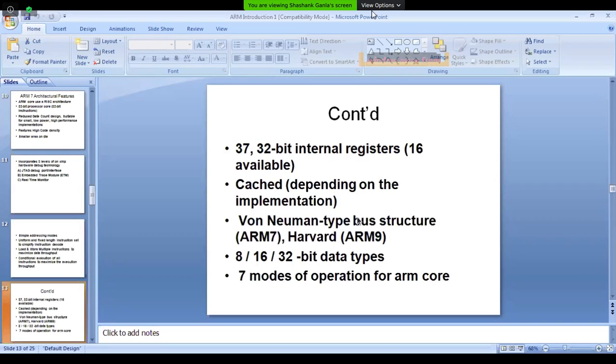Next, the ARM architecture may support cache, or it may not. What is a cache? A cache is a high-speed memory which is placed between the main memory, RAM, and the CPU.